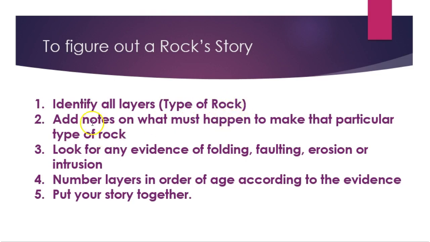Number 2, add notes in about what must have happened to make that particular rock. So when I saw limestone, I immediately thought it's been covered by water. There's been lots of dissolved shells in that water. The water's evaporated and left the limestone behind. So that each one of those rocks tells a story. Add notes on each one of those layers about what might have happened to make it.